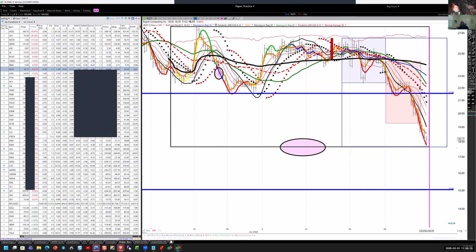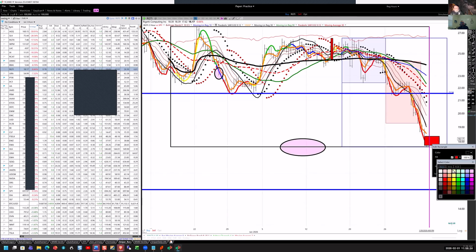Would I be wrong to do this? I'll just put that little gizmo right there.